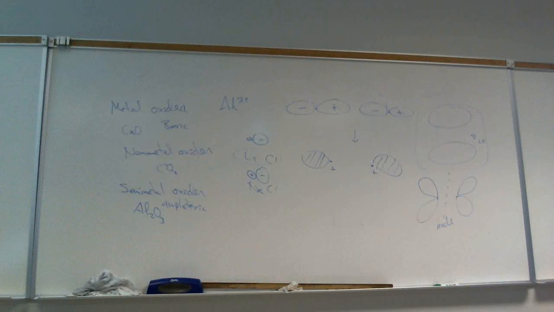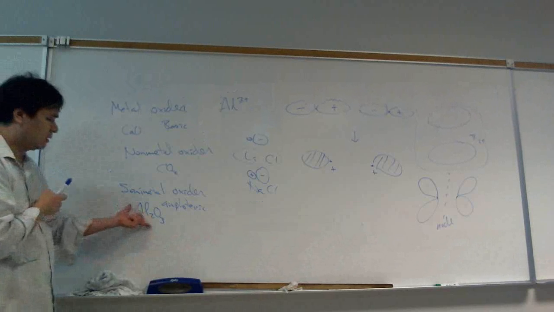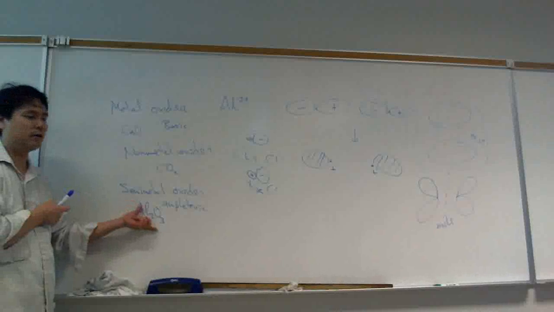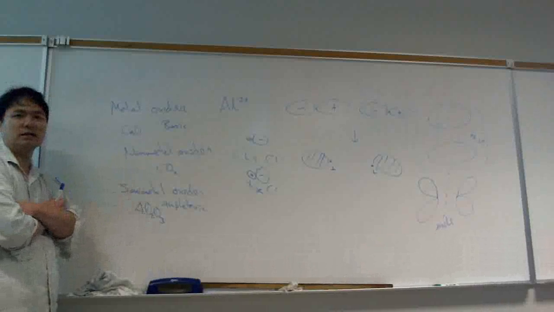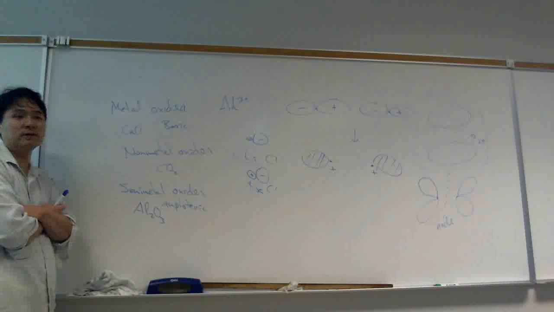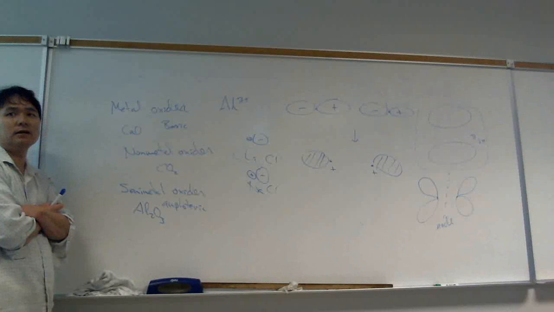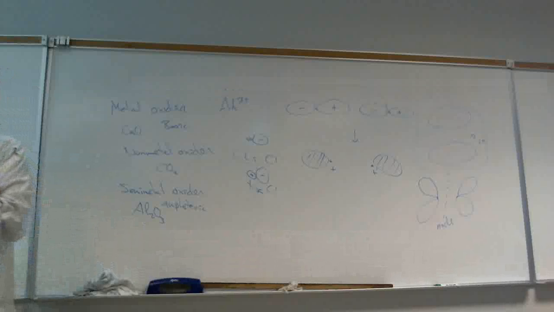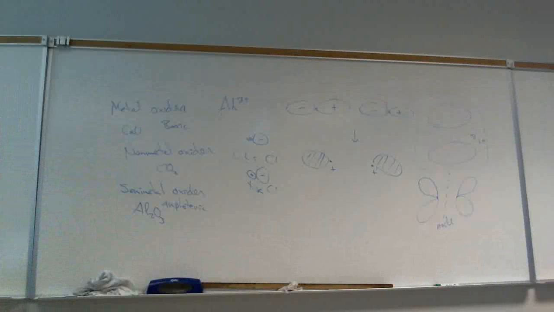Aluminum 3+? Iron 3+? Not that many, right? So very high charge, small size, therefore it's going to be a strong ionic bond. And so this is why the guy became incredibly rich, because how do you break that bond?